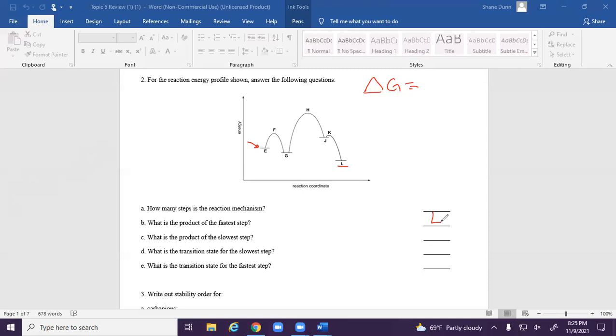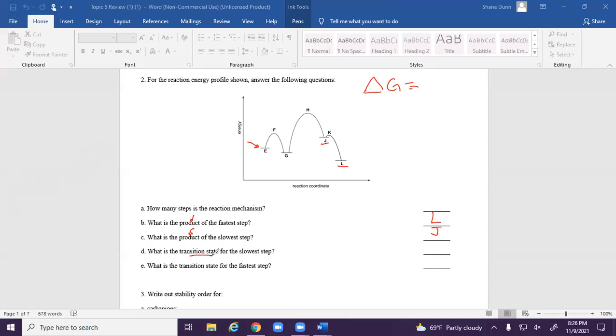And then what would be the slowest? Which one has the highest energy? If L has the lowest, which one has the highest? Which one's above E? No, J. That's not the transition state. We're talking about the products. Now we're talking about transition states, which are the humps, right?